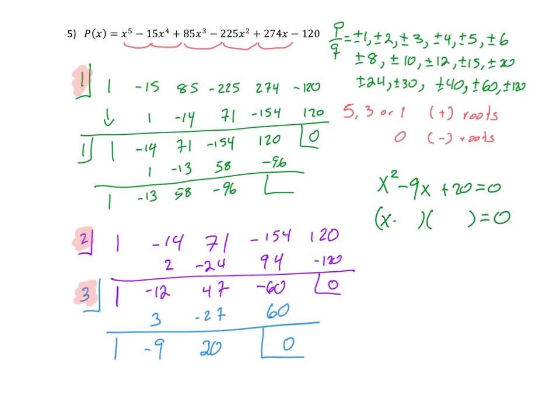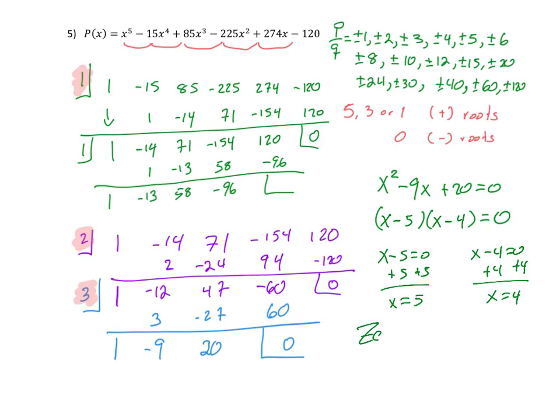So this is x minus 5 times x minus 4. So x minus 5 equals 0 and x minus 4 equals 0, so x equals 5 and x equals 4. So my zeros are x equals 1, 2, 3, 4, and 5.